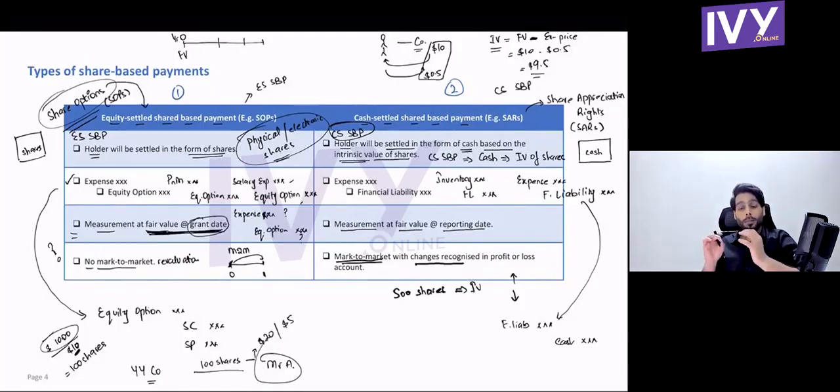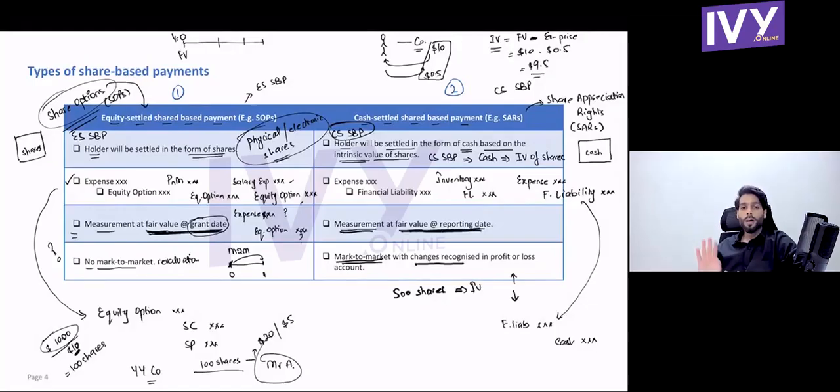Hence the exposure of fair value changes is upon you, hence all mark to market changes must be reported. Hence measurement should be done at fair value at reporting date.